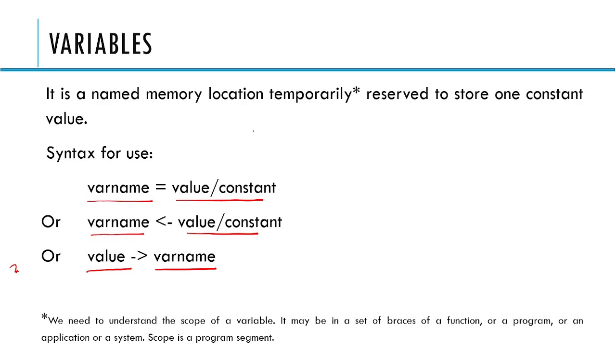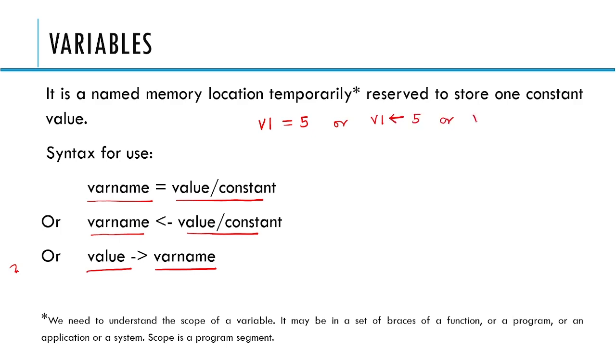So that means if I need to create a variable and store a number 5 in it, then how to declare it? Let's say I will create a variable name, let's say v1 is equal to 5. I will write like this. Or I can also write v1 left arrow 5.